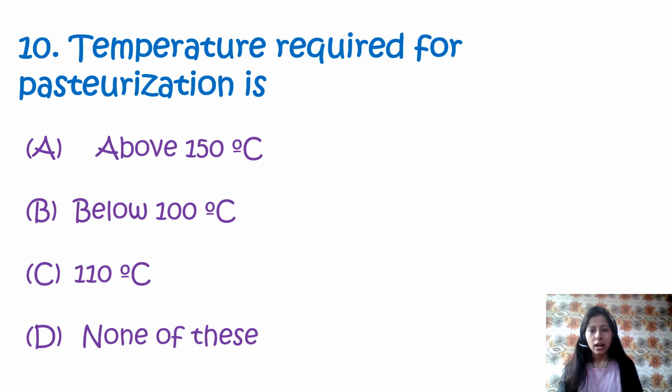So LTLT में क्या होता है, it involves heating of milk to 65 degrees Celsius for 30 minutes, whereas HTST process में होता है, it requires heating of milk to 72 degrees Celsius or to 74 degrees Celsius for 15 to 20 minutes. That means the temperatures are all below 100 degrees Celsius. So my correct answer will be below 100 degrees Celsius.